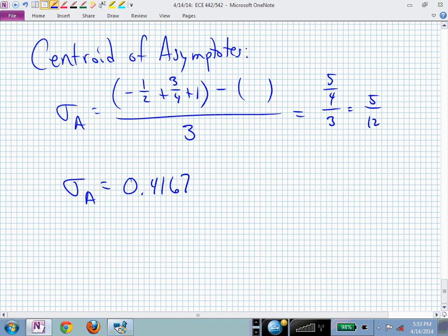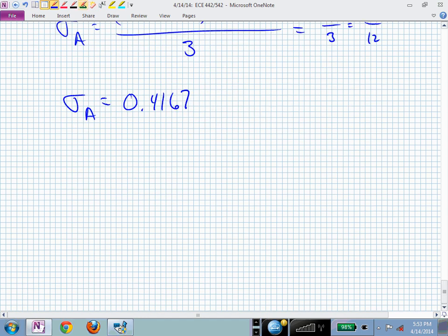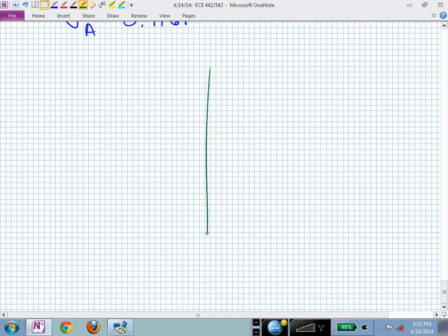And now I can sketch my root locus maybe a little bit more quickly or more effectively. I had a pole at minus 1/2. I had a pole at 1, and I had another pole at 3/4.